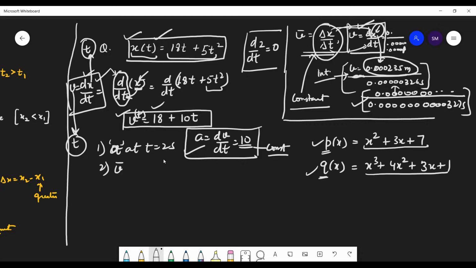So at any point of time, whether time is 2 seconds, 3 seconds, 4 seconds, you have constant acceleration. Now, what is the instantaneous velocity at 2 seconds?